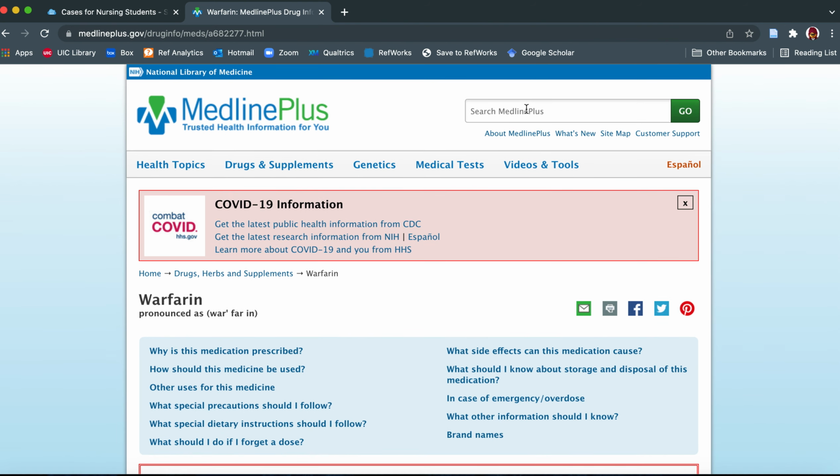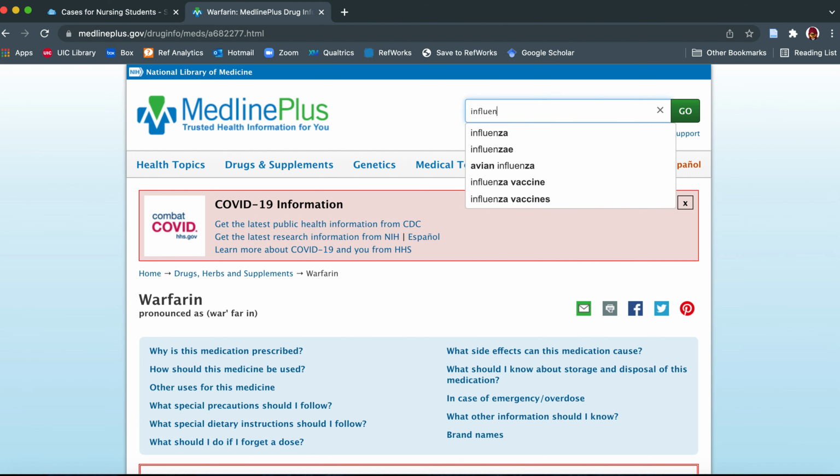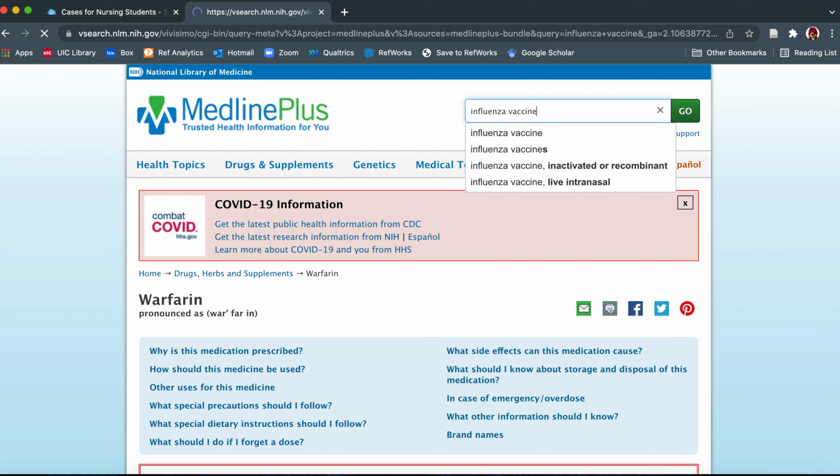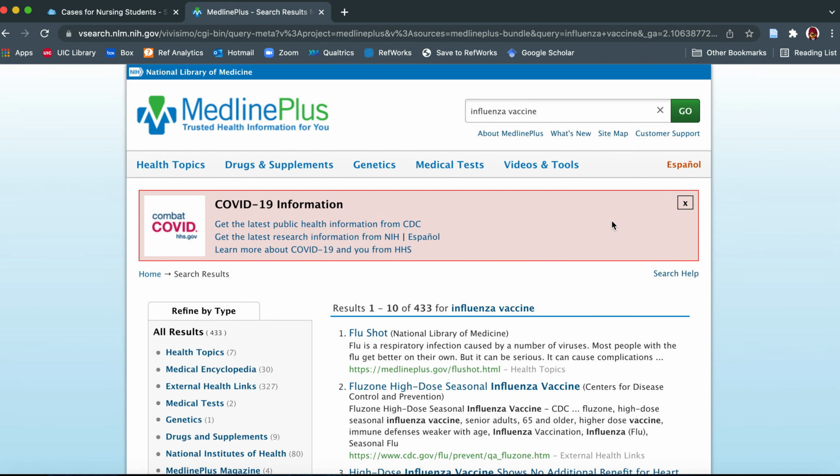Switching gears, let's say you need patient education materials in another language. So maybe your patient has a really good command of English, but their native language is Polish. So just to be on the safe side, let's give them information in their native language. So I just looked up influenza vaccine.